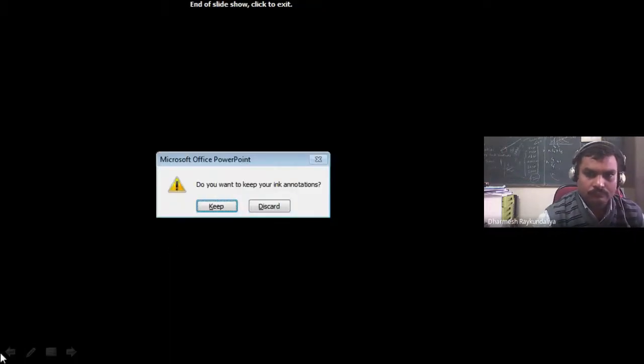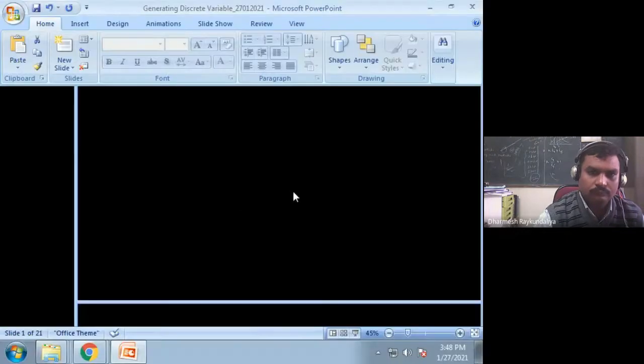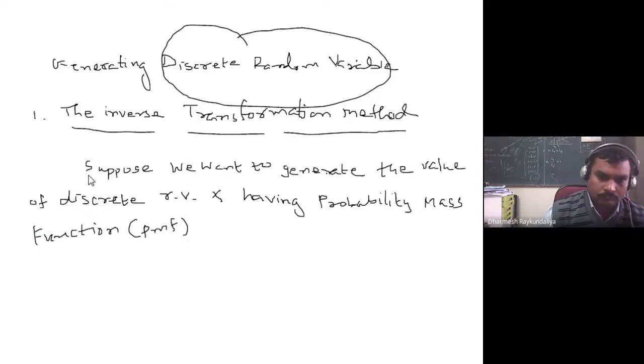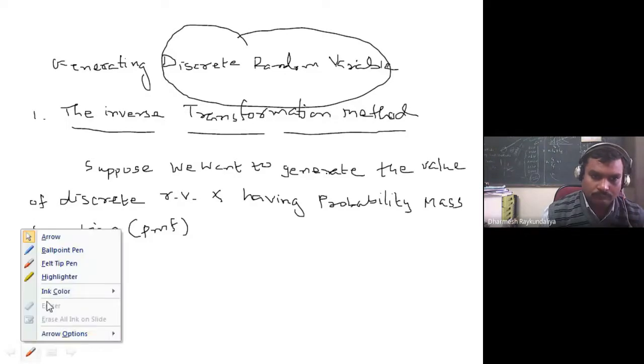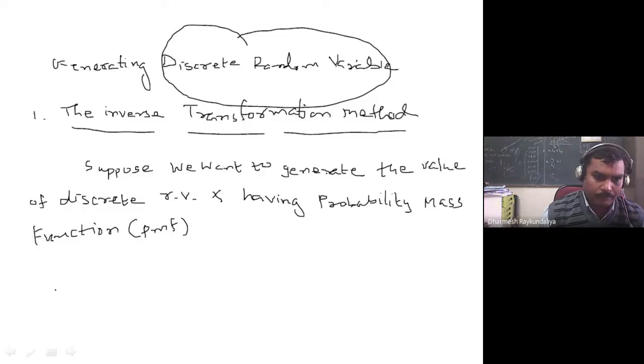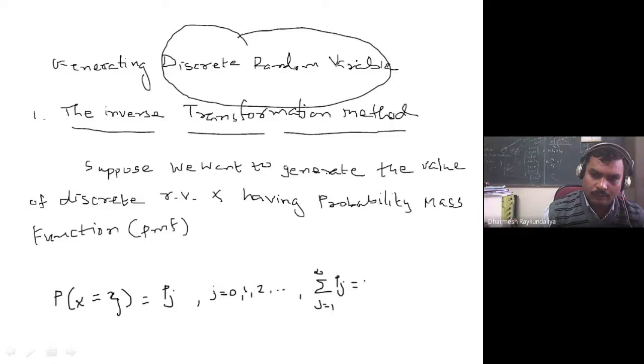Having probability mass function P of x equal to xj is Pj, j running from 0, 1, 2, and the sum of all these probabilities, j equal to 1 to infinity, Pj is equal to 1.